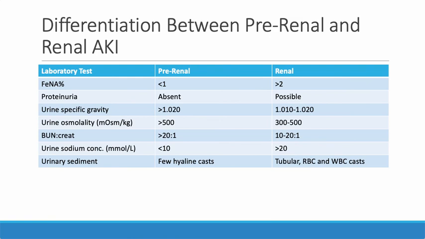All right. I don't intend for you to memorize that, but it's a good thing for you to look up and be interested in. Other things that are useful are the urine-specific gravity. So a prerenal is making normal urine, right?